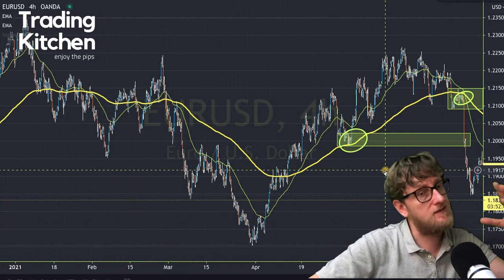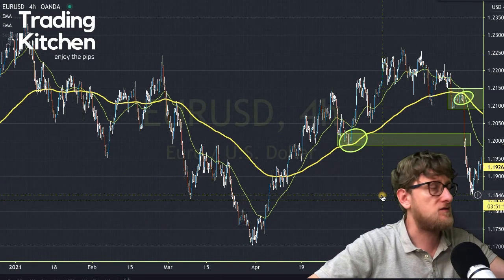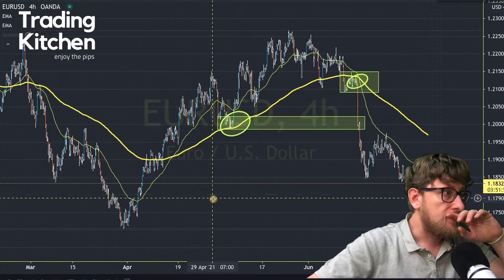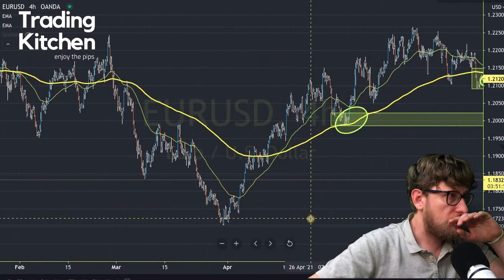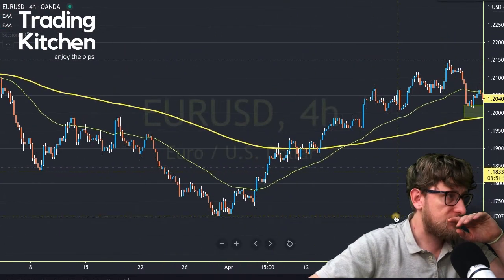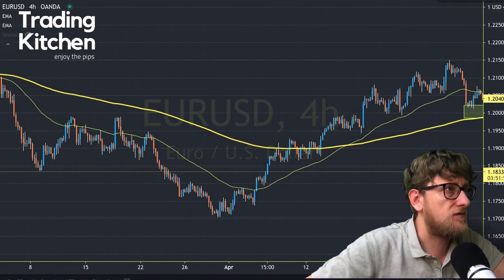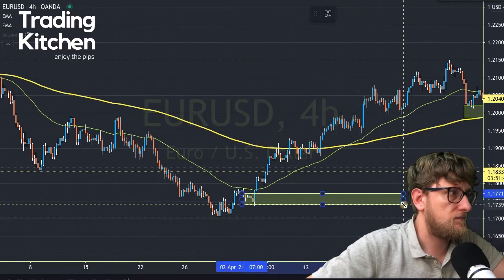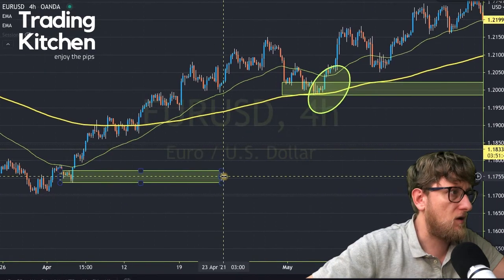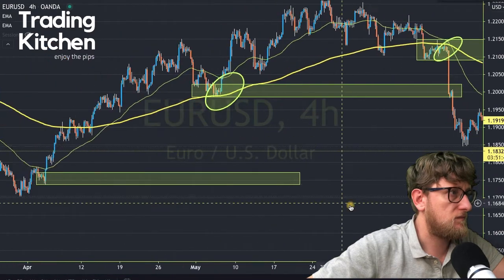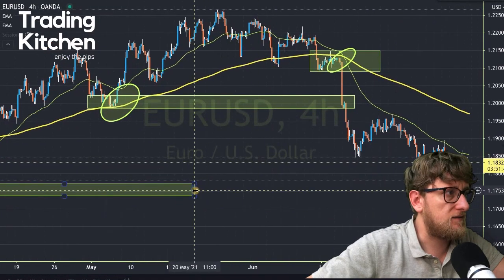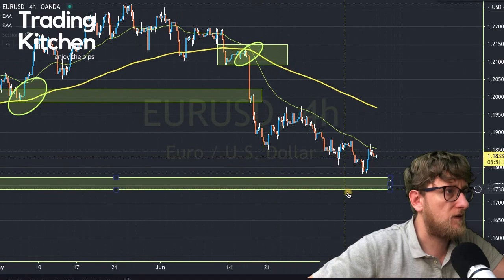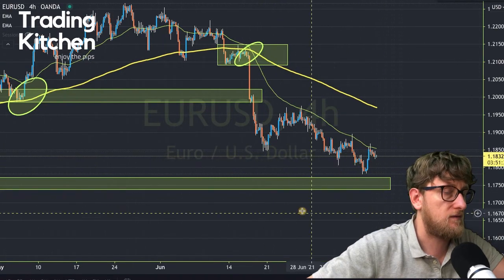It will be easier to identify a dominance. So for example, in this case I will not consider a long position until this zone is broken and we are close to it.